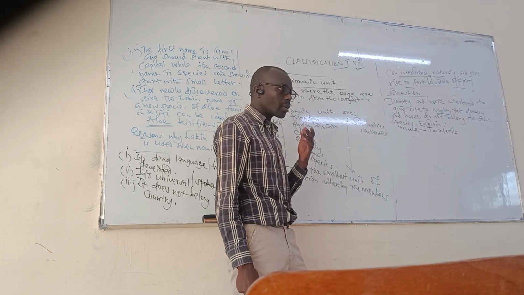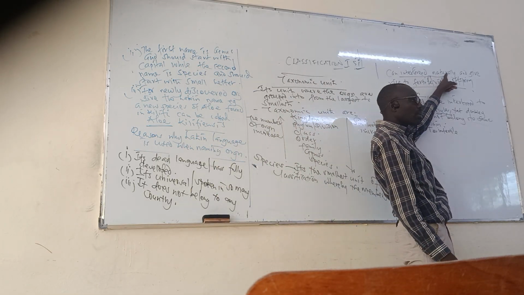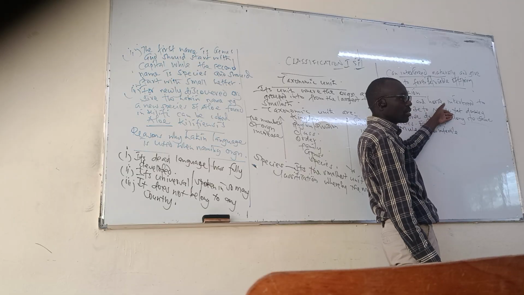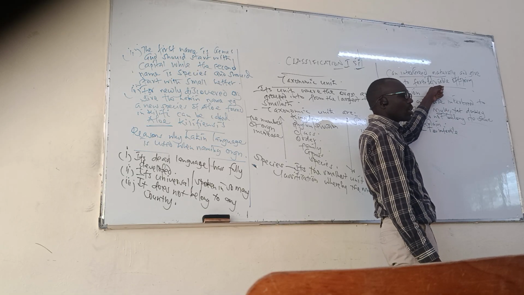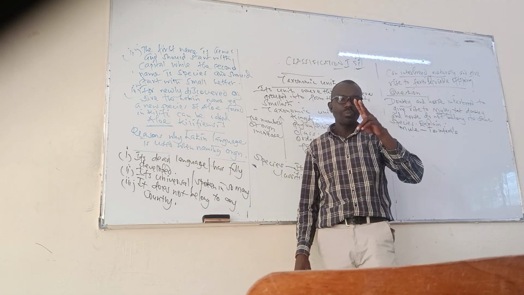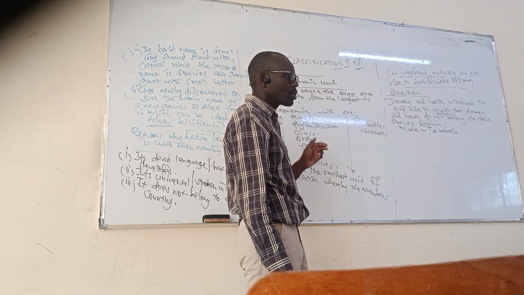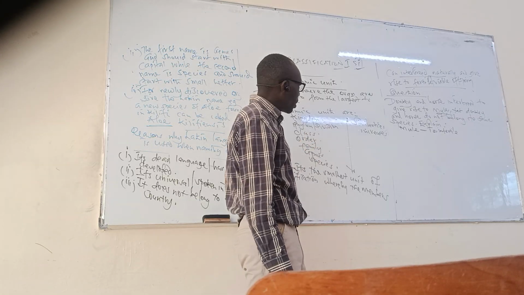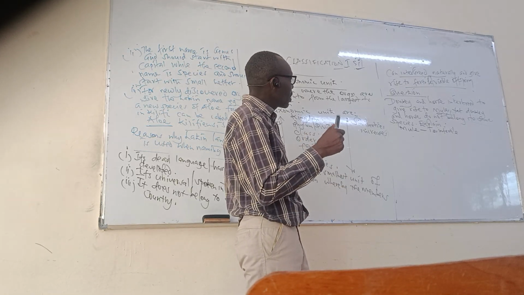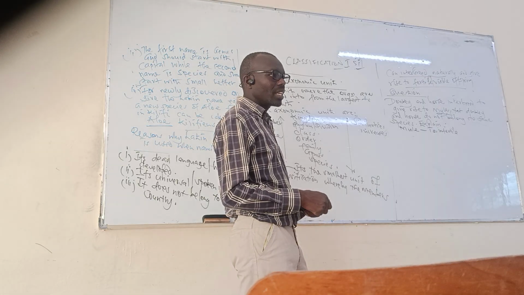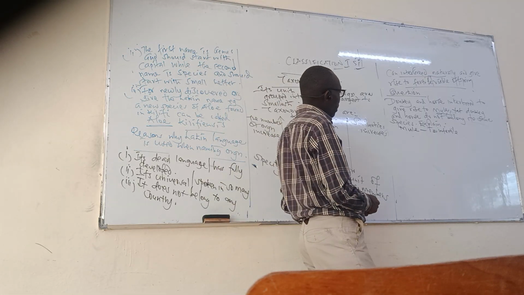So there are two characteristics of the species: number one, fertile offspring. The other one is that they can interbreed naturally.